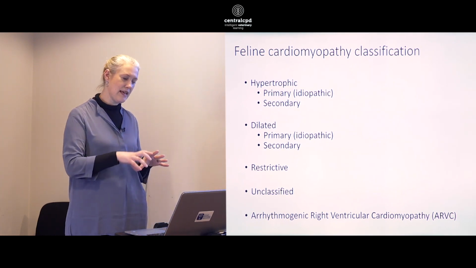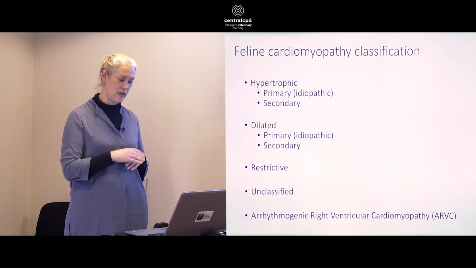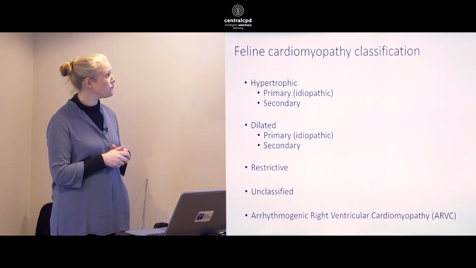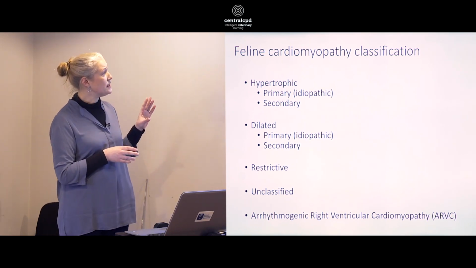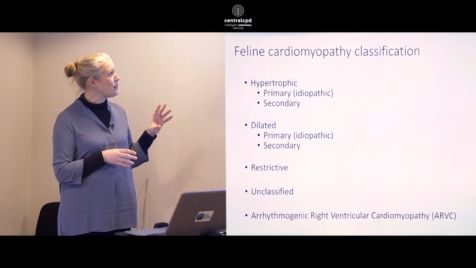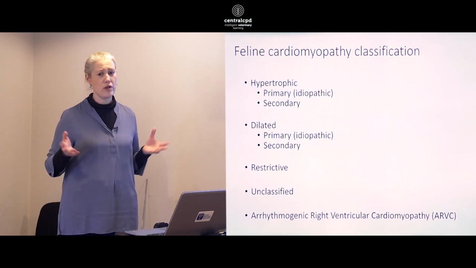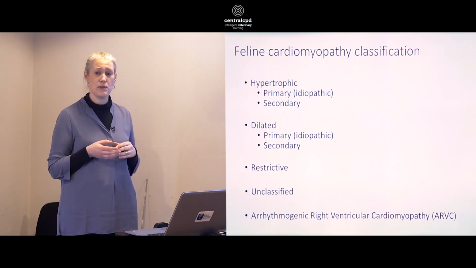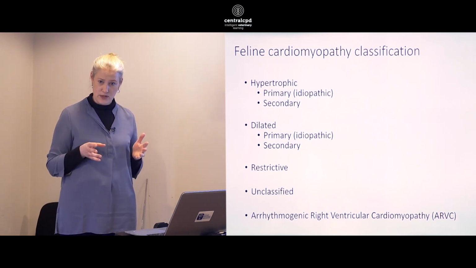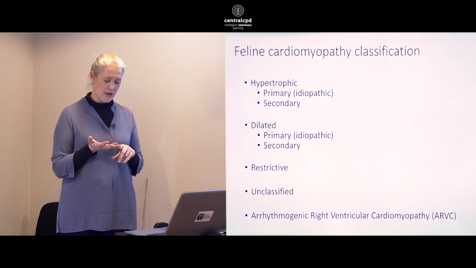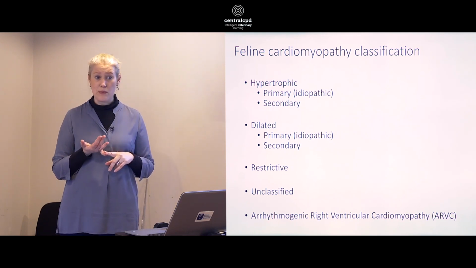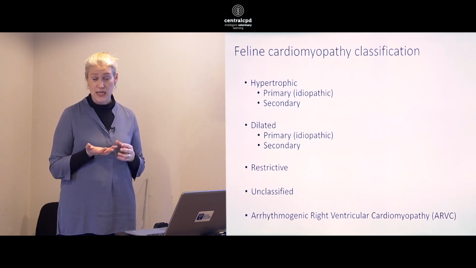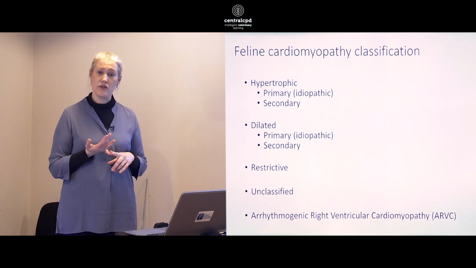But I don't want you to get too hung up on the classifications. They're really there to guide you in terms of how you're going to treat them, and we'll pull that together as we go through. What is very important, and this is primarily for hypertrophic, because this is by far the most common heart disease that you'll see in cats. We have the other classifications, but you're going to see HCM most of the time. So what we need to decide is, is it primary, meaning likely genetic HCM, or is it secondary?